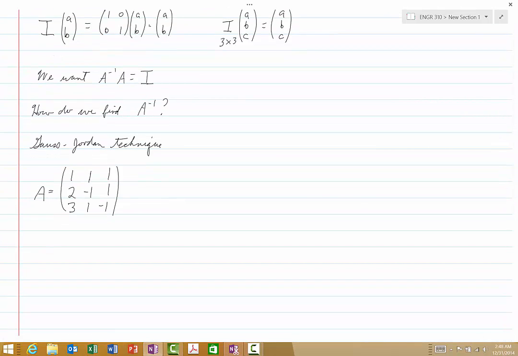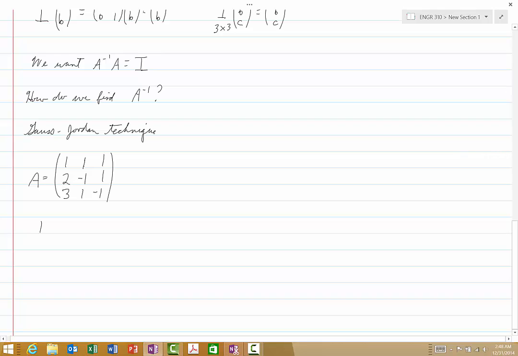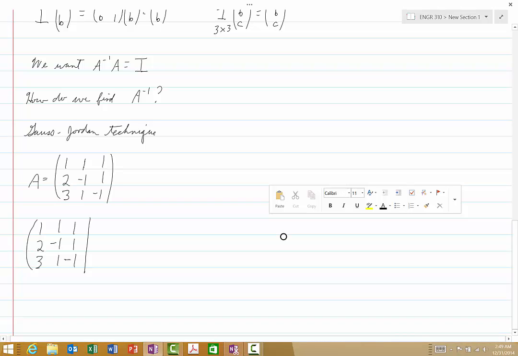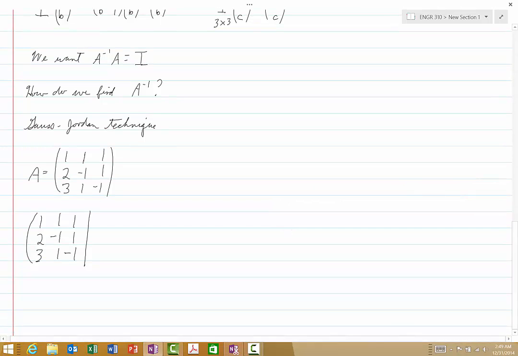Now, the Gauss-Jordan technique goes as follows. We write down the matrix that we want to invert. And then we draw a vertical line as though we're going to have an augmented matrix. But to the right of that vertical line, instead of putting the right-hand side of some equation, what we will put is the identity matrix.